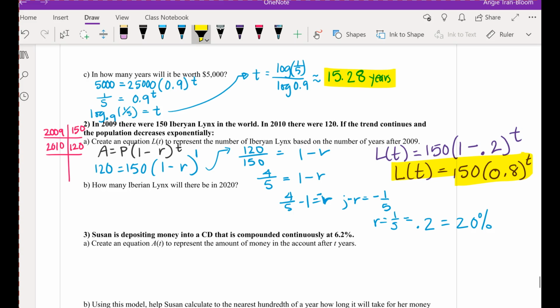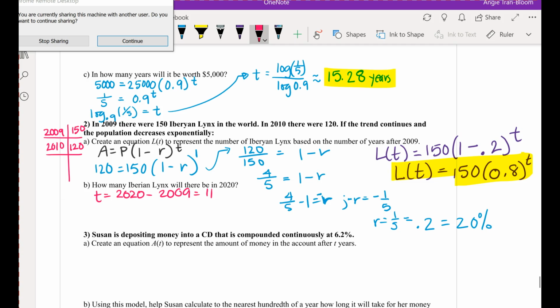How many years, right? If 2009 was the first year that you know of, how many years since 2009 is that? 11 years. So t is 2020 take away 2009, which is 11 years.